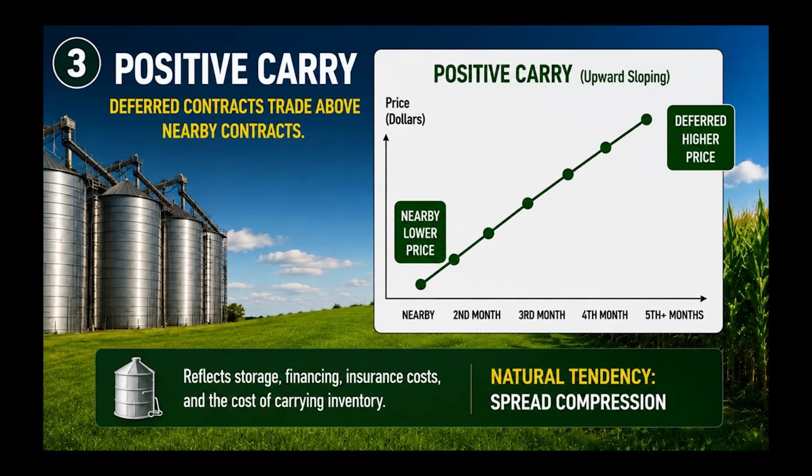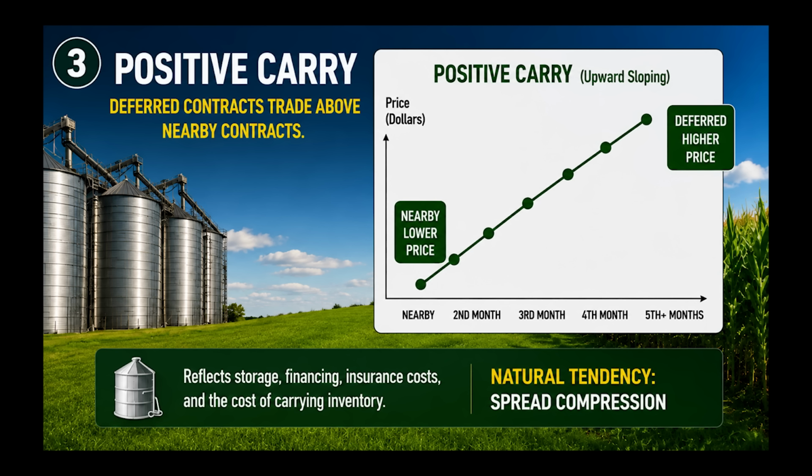Most forward curves fall into one of two categories: positive carry or negative carry. In a positive carry market, deferred contracts trade at higher prices than nearby contracts, creating an upward sloping curve. This structure often reflects storage, financing, and insurance costs associated with carrying inventory over time.